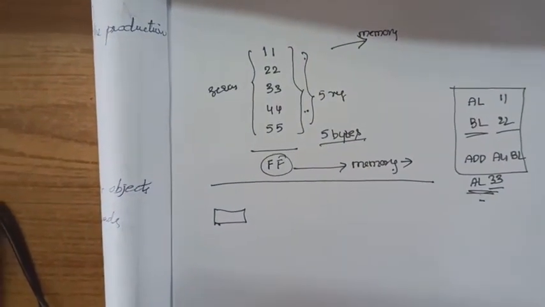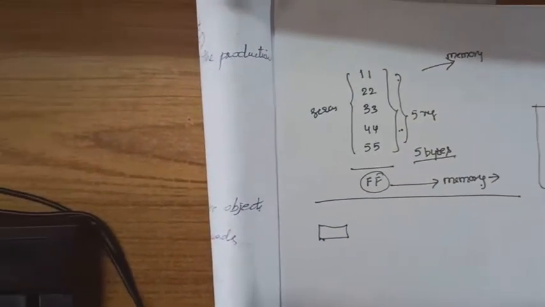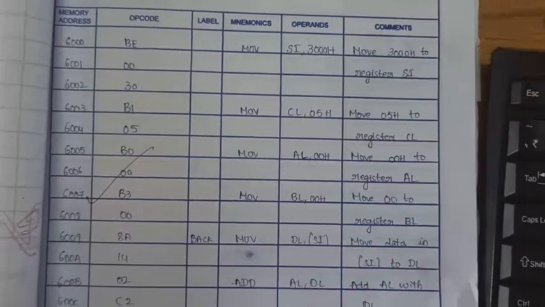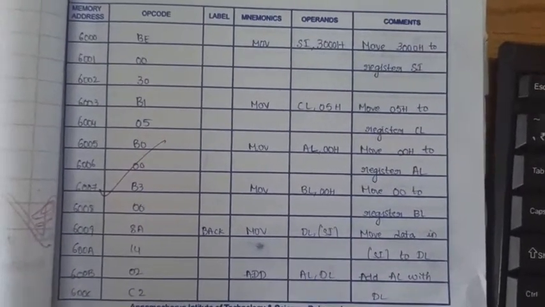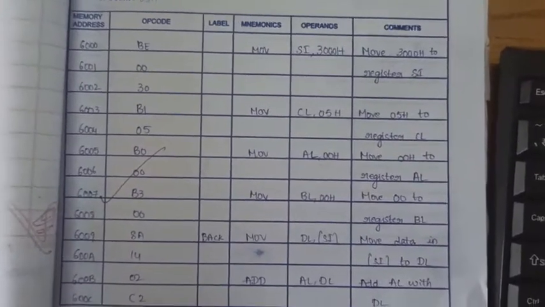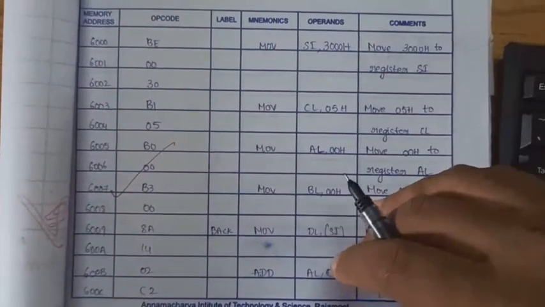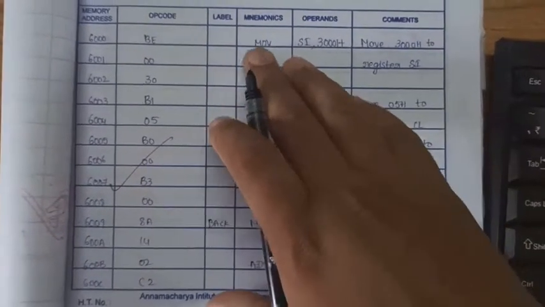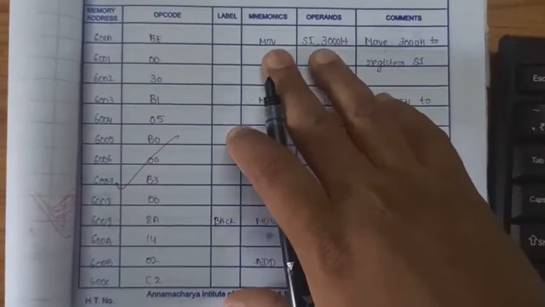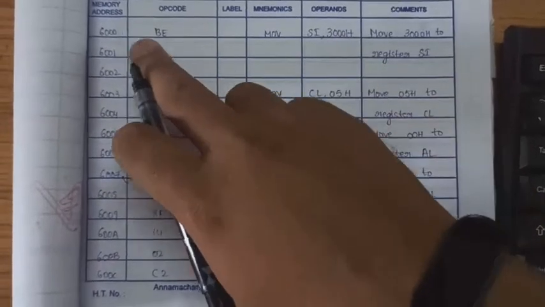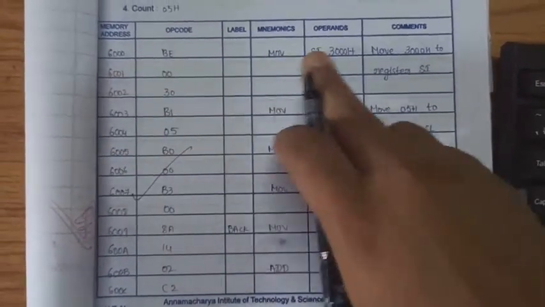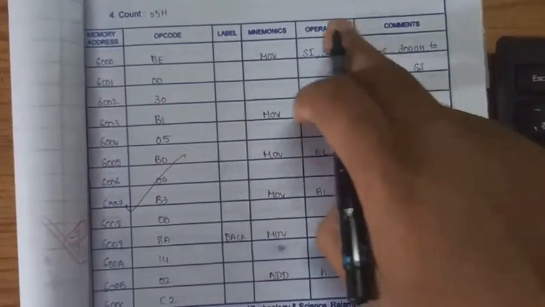Now let us have a look at the program and its logic. This is the program we are going to execute, a series of n bytes addition. We have started with a memory location: move SA, 3000. Now, what memory location is selected for this program?